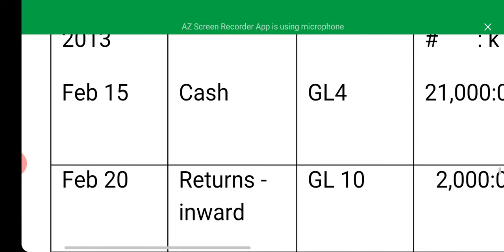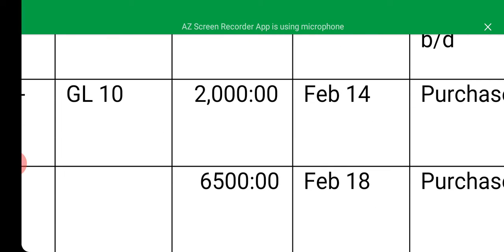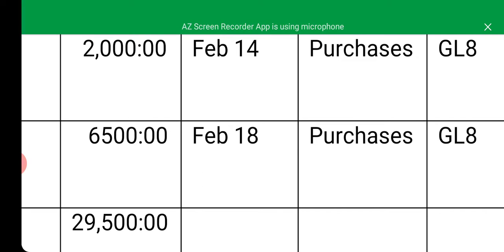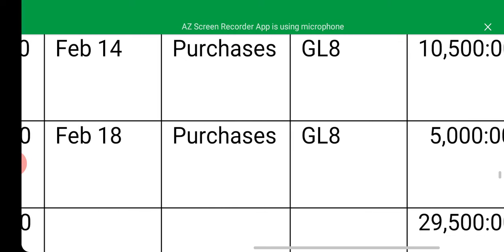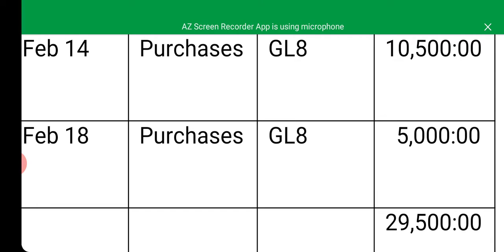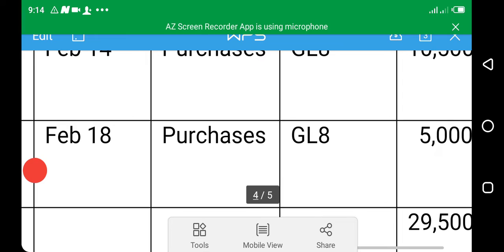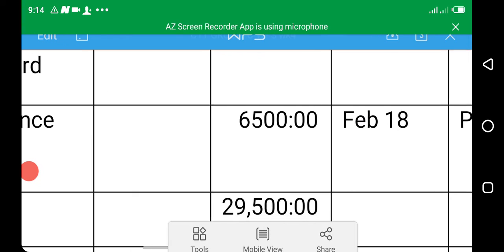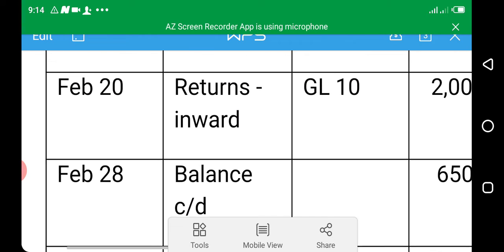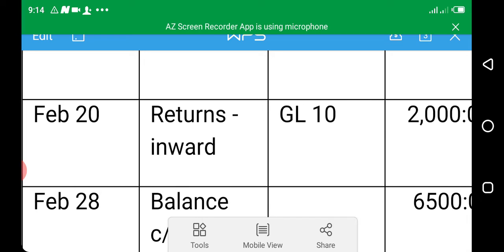Then on February 18, another purchase was made, and the information is still on General Ledger page 8 as 5,000 naira. Then on February 20, there is a return outward.